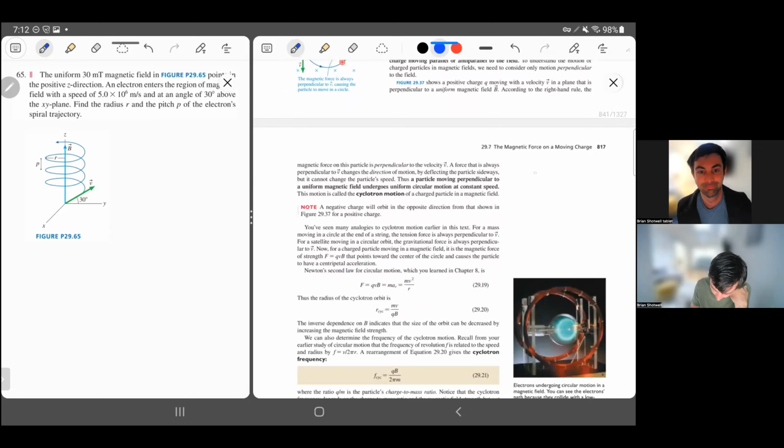So the magnetic force is qv cross B. If v is perpendicular to B, then this simplifies, and we can just say qvB, right?